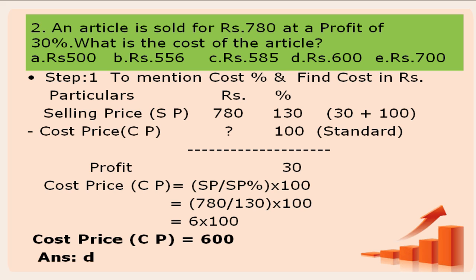Cost price is equal to selling price divided by selling price percentage into 100, that is equal to 780 divided by 130 into 100, that is equal to 6 into 100, that is equal to 600. Therefore cost price is equal to 600. In the above options, 600 represents option D. Therefore the correct answer is D. Now we are going for the next situation.